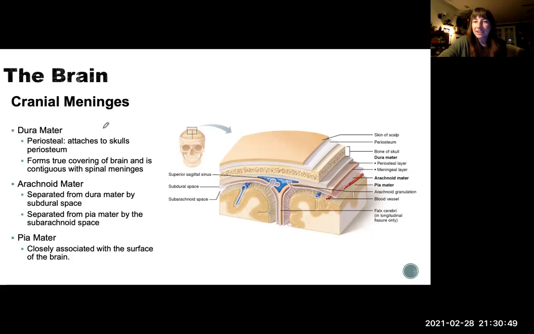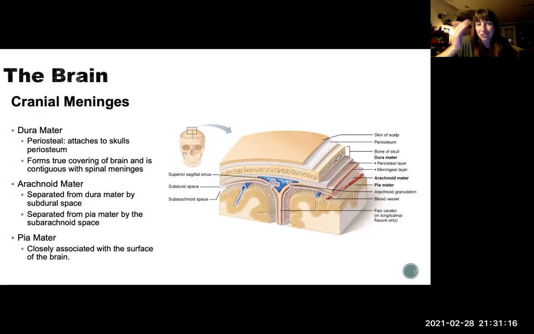So we have 3 different layers here. The dura mater is the outermost layer. Dura as in very durable. So this is a very dense, tough outer layer of connective tissue. It is periosteal, which means that it is continuous with, or attaches to, the periosteum of the skull, right? So remember, all of the bones in your body are covered with a connective tissue membrane.